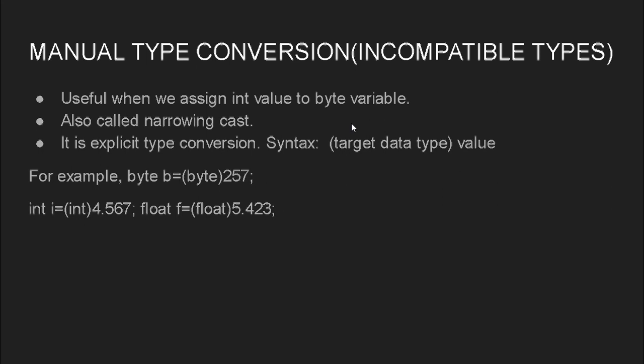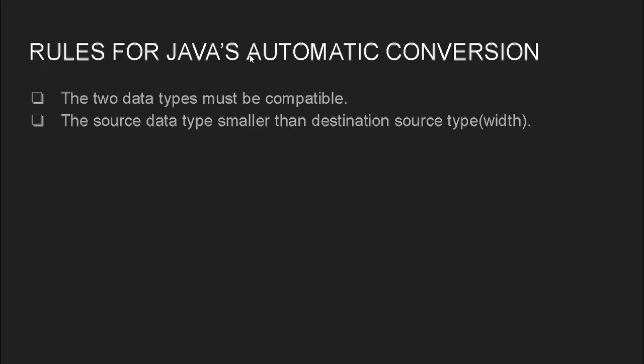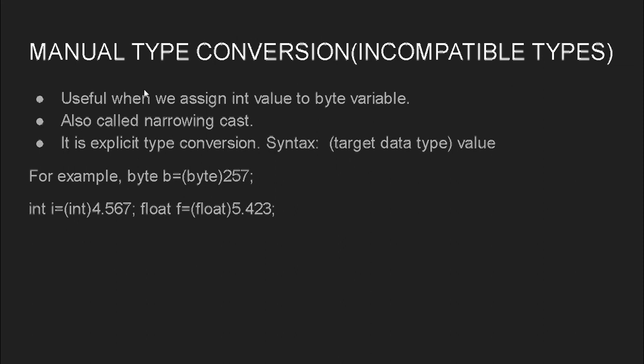This automatic conversion is also called widening cast, and this manual type conversion is known as narrowing cast. Because we are trying to store this 32-bit data into 8-bit variables, it is known as narrowing cast. We are making it smaller, right?